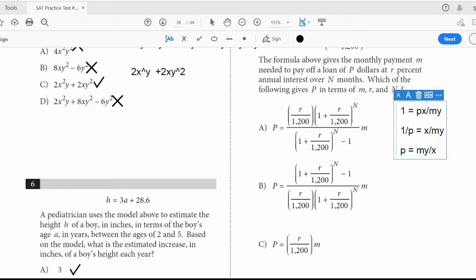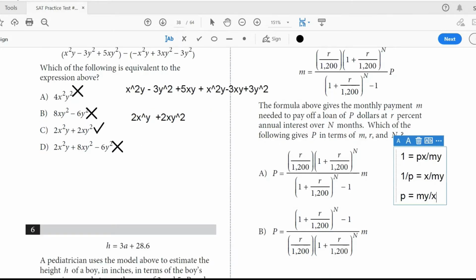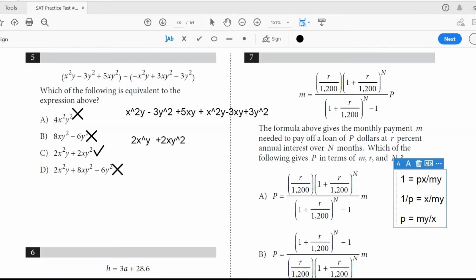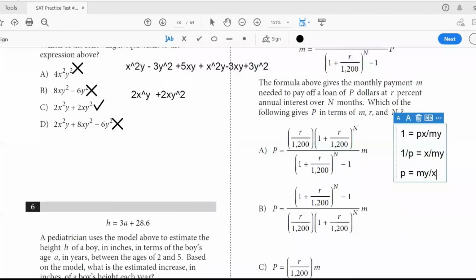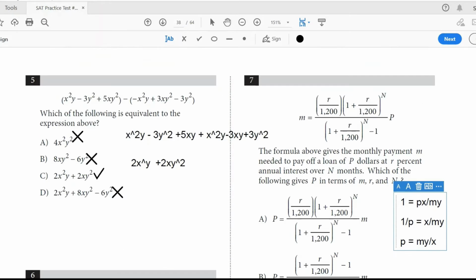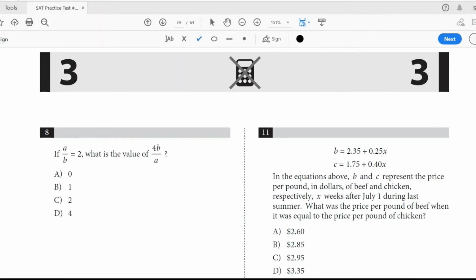If we fully expand this, P equals MY over X would mean that M would be right here, and Y, which is this, would be in the numerator, and then X, which was this whole part, would be in the denominator, and therefore the answer is B as we solved.